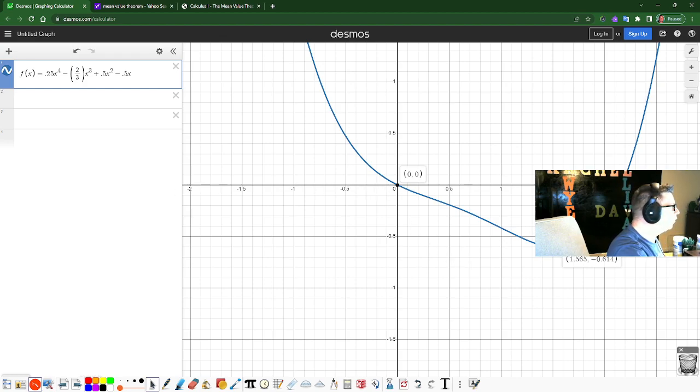And what are we looking for? We're looking for where this average rate of change is equal to the instantaneous rate of change.